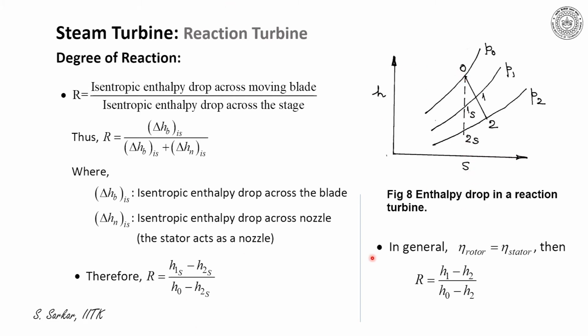Now often the efficiency of the rotor is the same as that of the stator. Then, if the efficiency of the rotor is the same as that of the stator, R can be stated as actual enthalpy drop in the rotor divided by actual enthalpy drop in the stage. Thus, R is equal to H1 minus H2 divided by H0 minus H2.